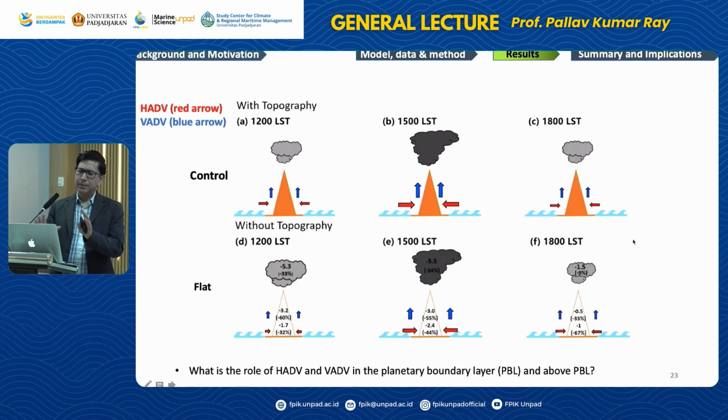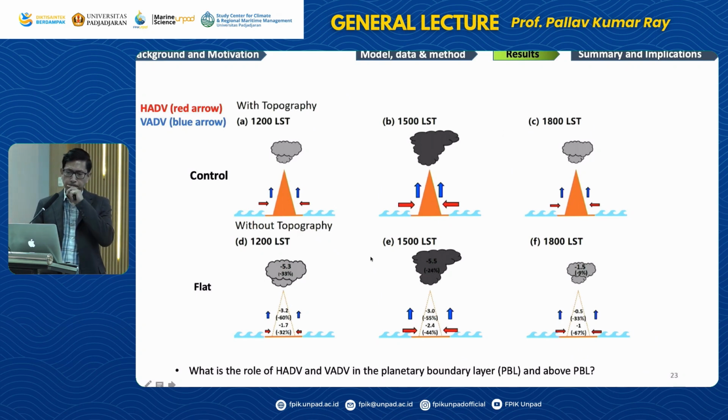So I'm summarizing the result. Instead of getting into the actual numbers, I'm summarizing it in a very simple schematic. What you see here is the control simulation with topography at 3 different times, 12 p.m., 3 p.m. and 6 p.m. The reason to choose these 3 periods is that's when most of the precipitation happens in this particular model.